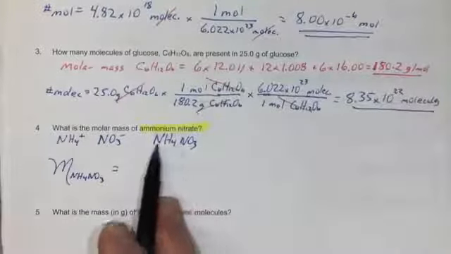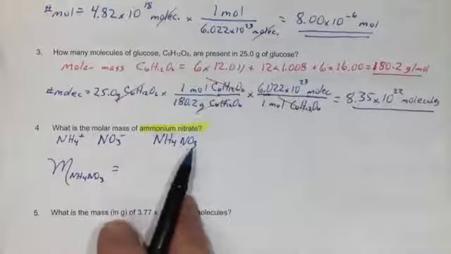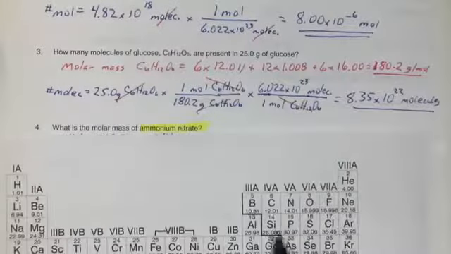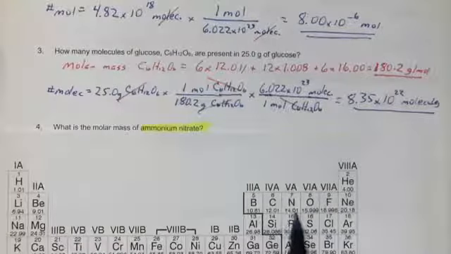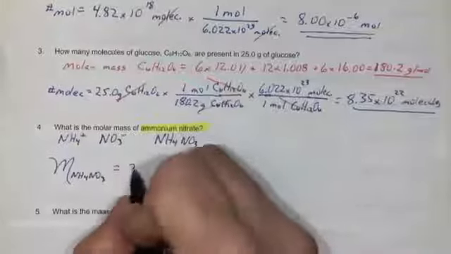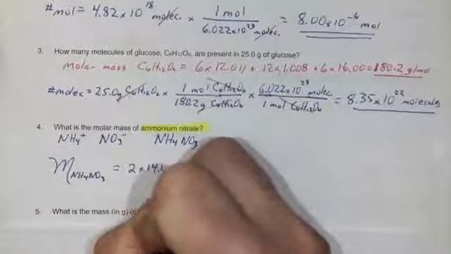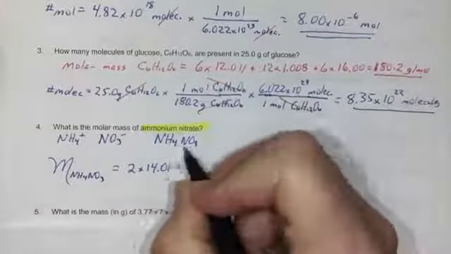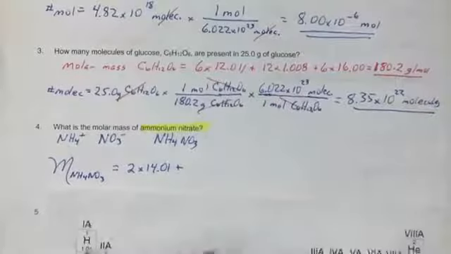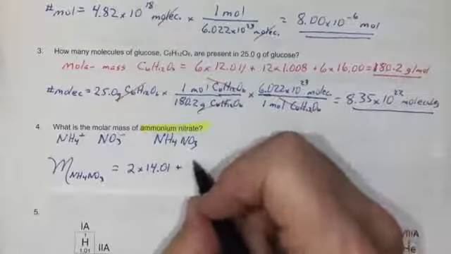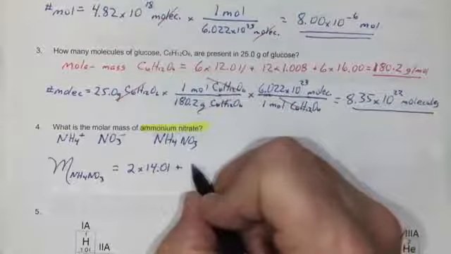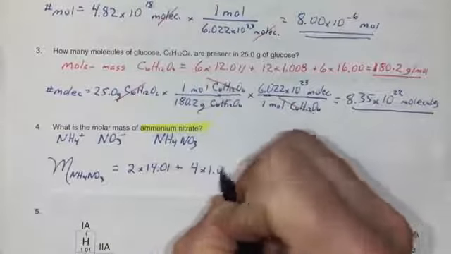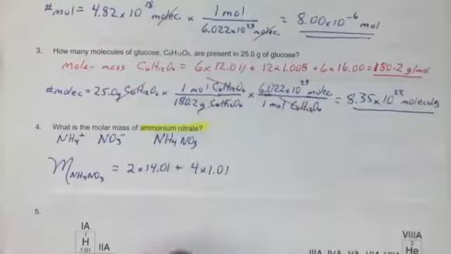Now I have 2 nitrogens, and from the periodic table, the atomic weight of nitrogen is 14.01. So 2 times 14.01 plus, there's 4 hydrogens, so 4 times 1.01, because that's what we have on this periodic table.